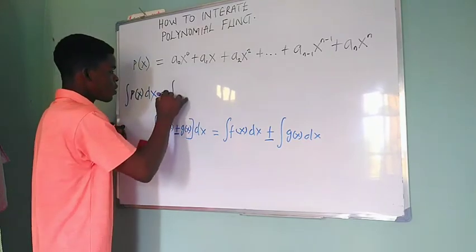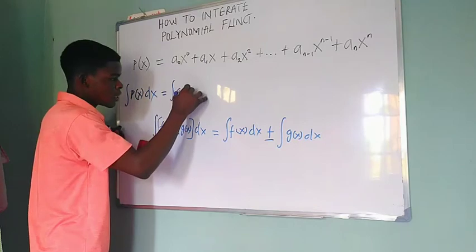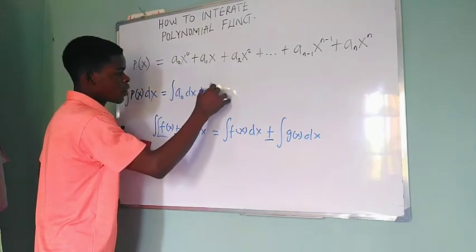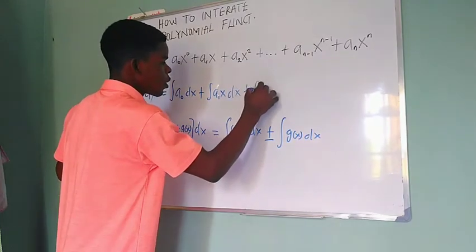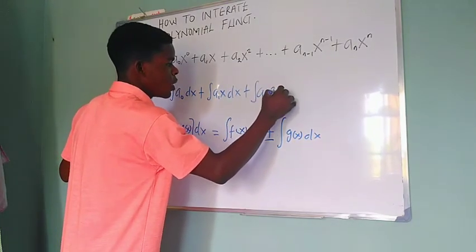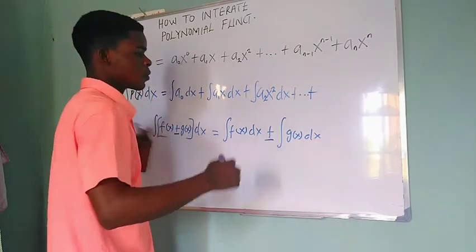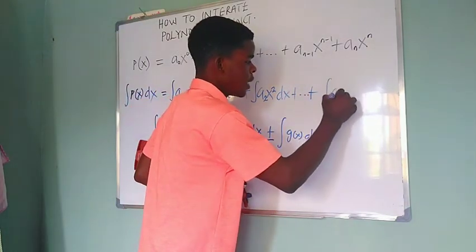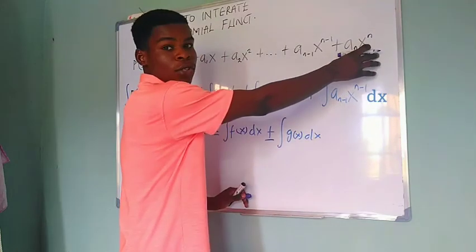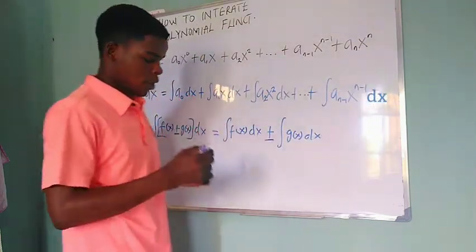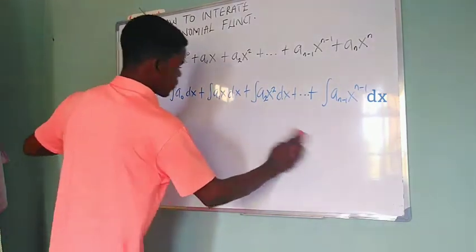So the integral of a naught, where x to the power 0 is just 1, dx, plus the integral of a1 x dx, plus the integral of a2 x squared dx, and so on, plus the integral of an minus 1 x to the power n minus 1. And you know how to do this one. You can take it home, right? Okay, great. So let's just go ahead and integrate all of them.